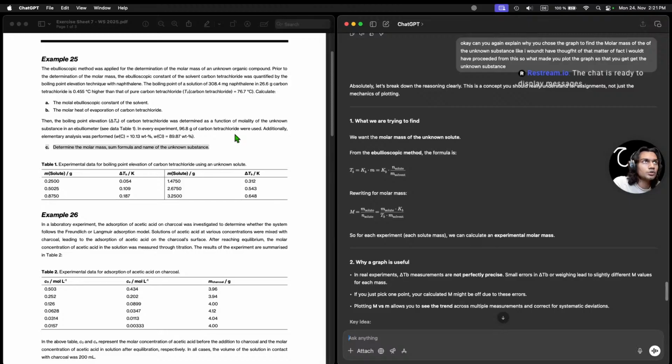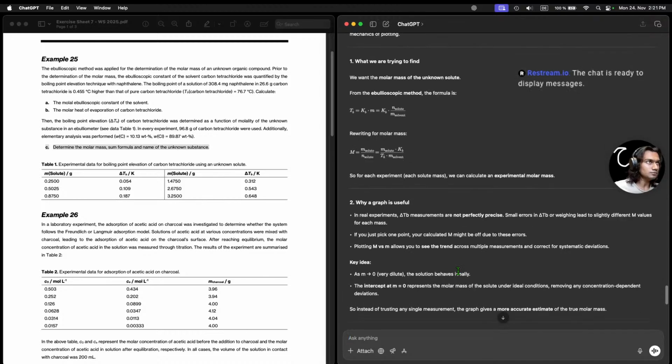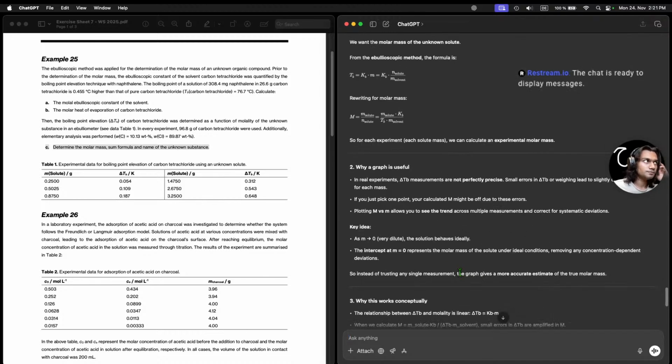So here the solute is, we can calculate experimental molar mass. Experimental molar mass of what? Why is a graph useful?